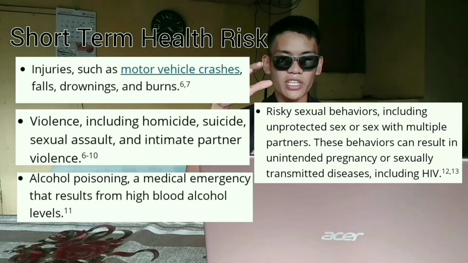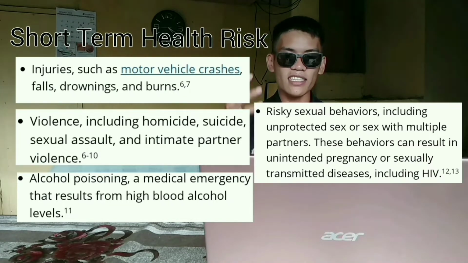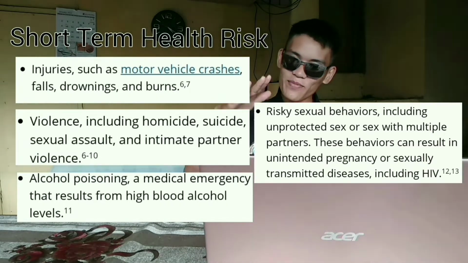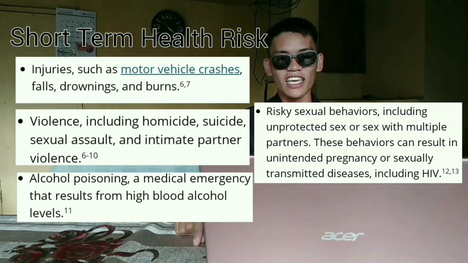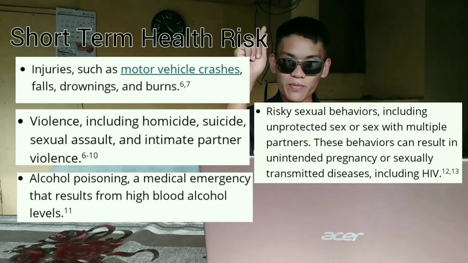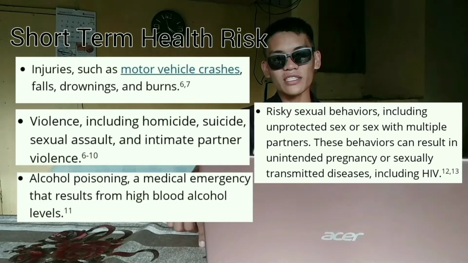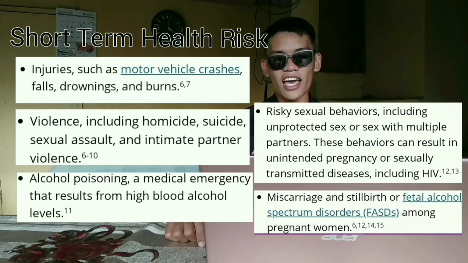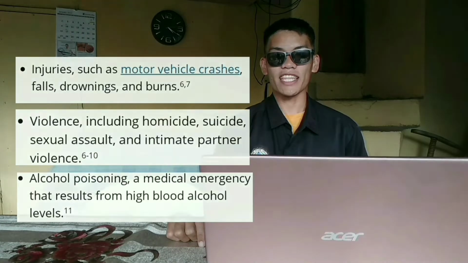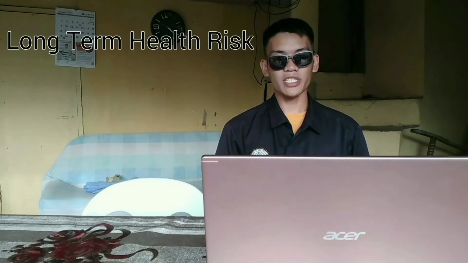This behavior can result in unintended pregnancy or sexually transmitted diseases, including HIV. And the last one is miscarriage and stillbirth or fetal alcohol spectrum disorders, or FASDs, among pregnant women.